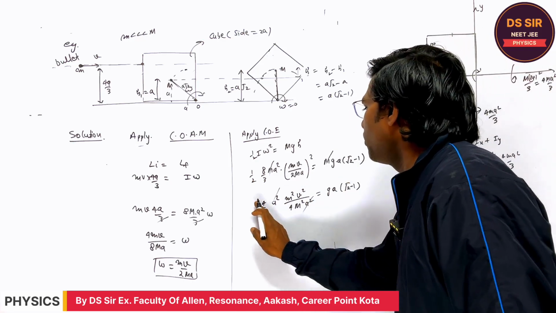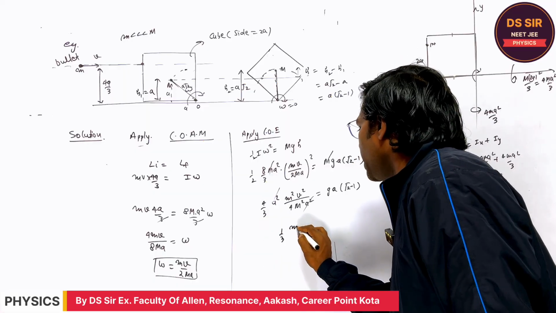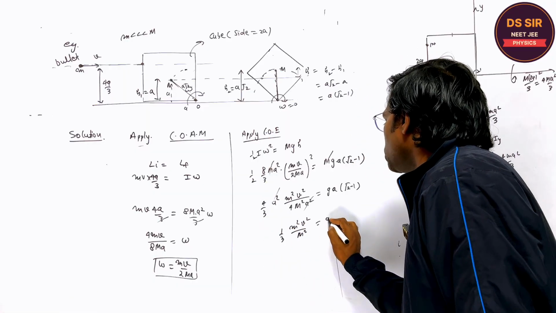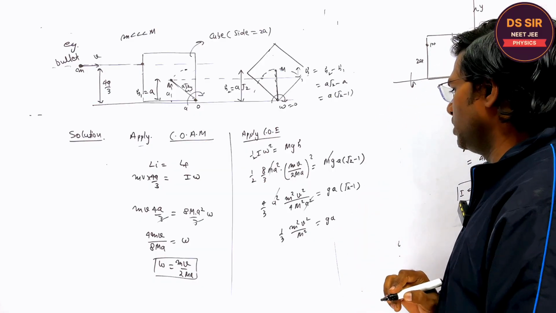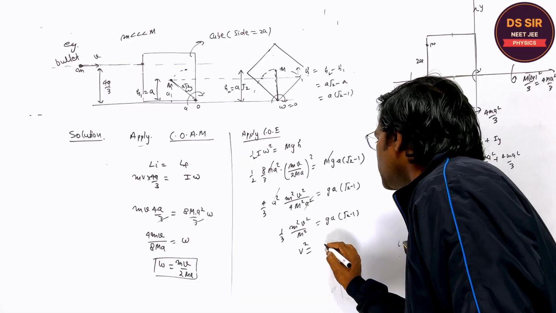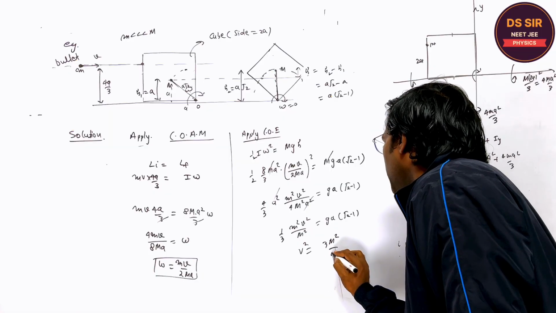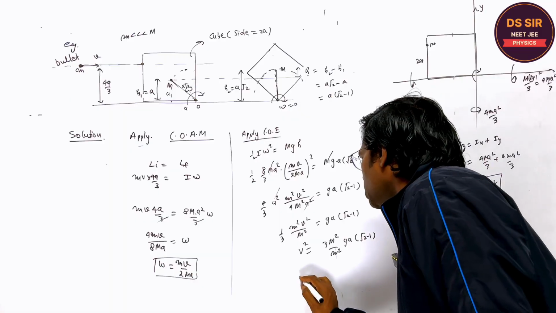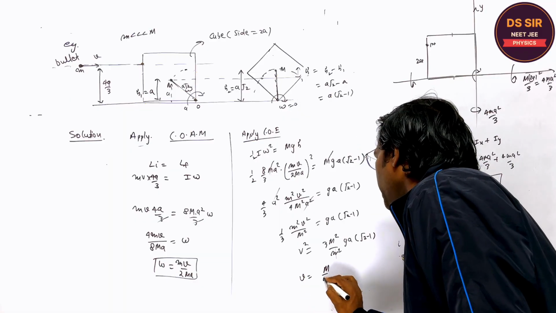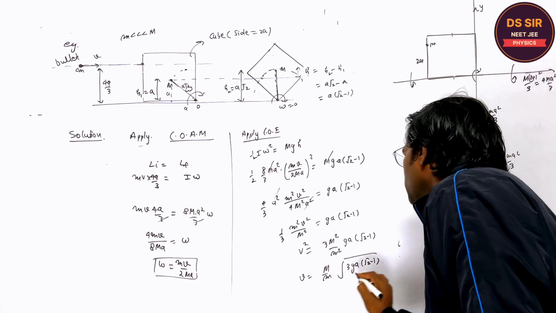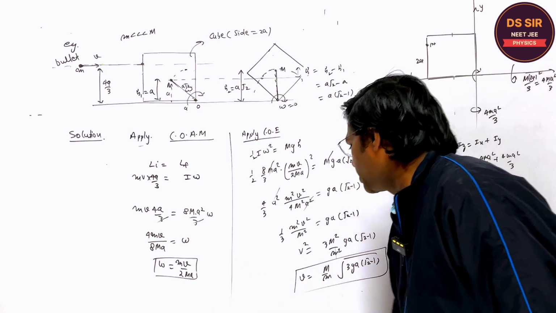The 4 will also cancel out. M square v square upon capital M square is equal to g a root 2 minus 1. Simplify this. 3 capital M square upon small m square g a root 2 minus 1. So the speed is capital M upon small m root 3 g a root 2 minus 1. So this should be the speed.